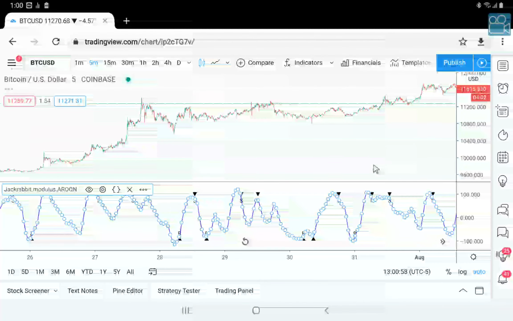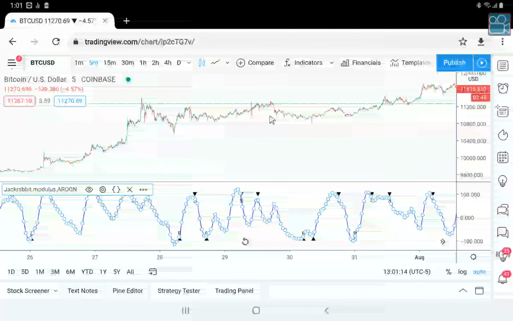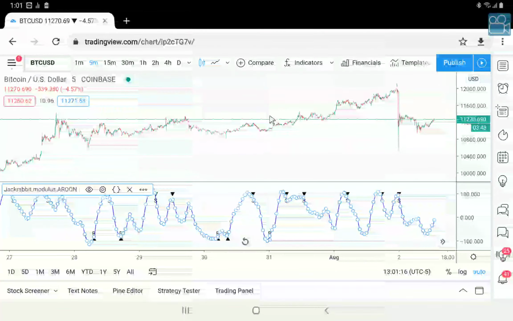Let's zoom out and take a few more looks. For example, buying down here, selling up here. Buying down in this area, selling up in this area. So there is a lot that AROON offers as an oscillator.